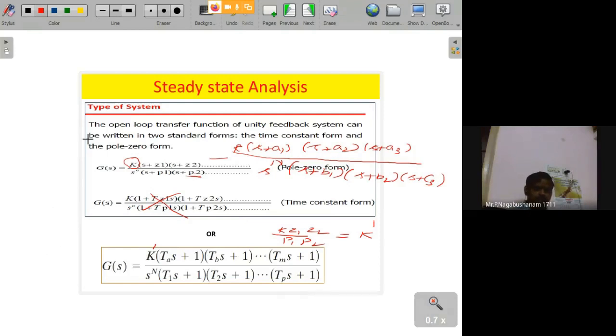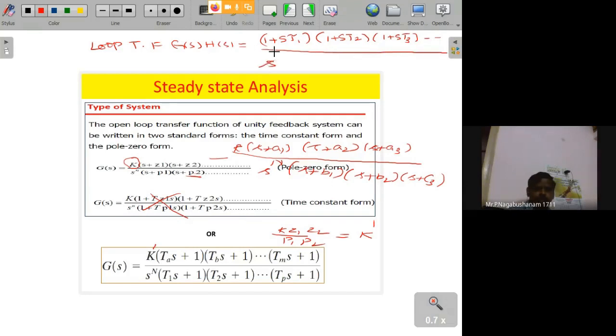Otherwise, if you take any textbook, they will give the loop transfer function G(S)H(S) in general notation as K into (1 plus S tau 1), (1 plus S tau 2), (1 plus S tau 3), like that, in the numerator, over S power n, where n is the type number, into (1 plus S tau A), (1 plus S tau B), like that.